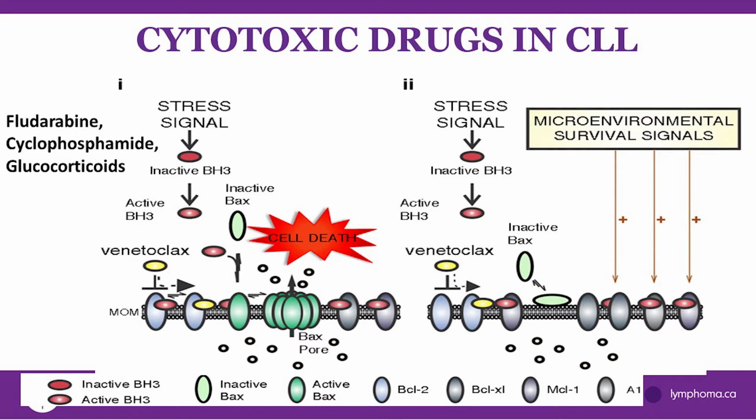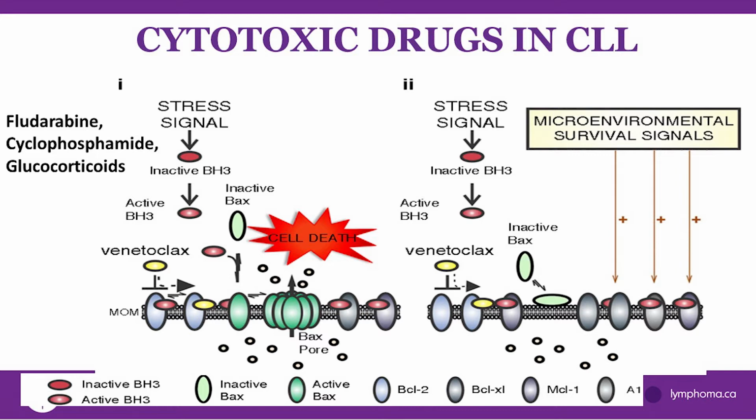So unfortunately, it's very easy to see how venetoclax can be overcome, why it can't cure as a single agent. The reason for that is that BCL2 is only one of a family of proteins that can actually absorb these BH3 proteins and prevent them from activating BAX and BAK. There are other proteins like BCLXL, MCL1, and A1, which when upregulated, absorb out these BH3 proteins.